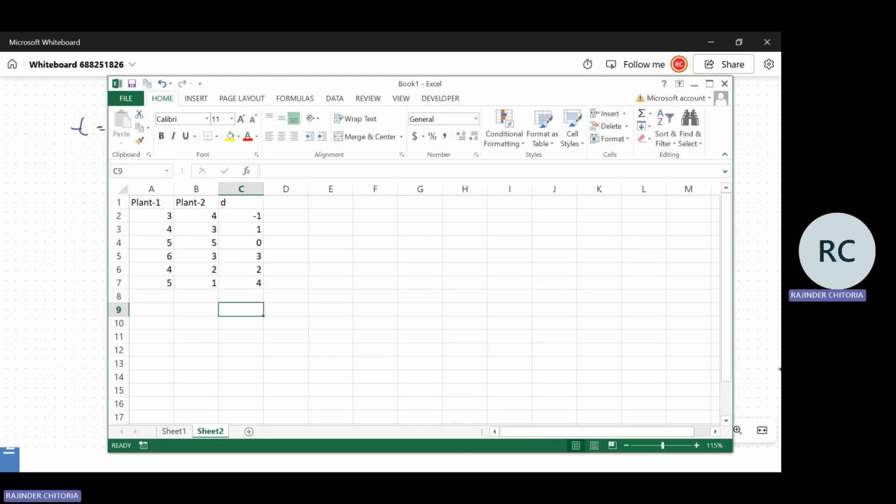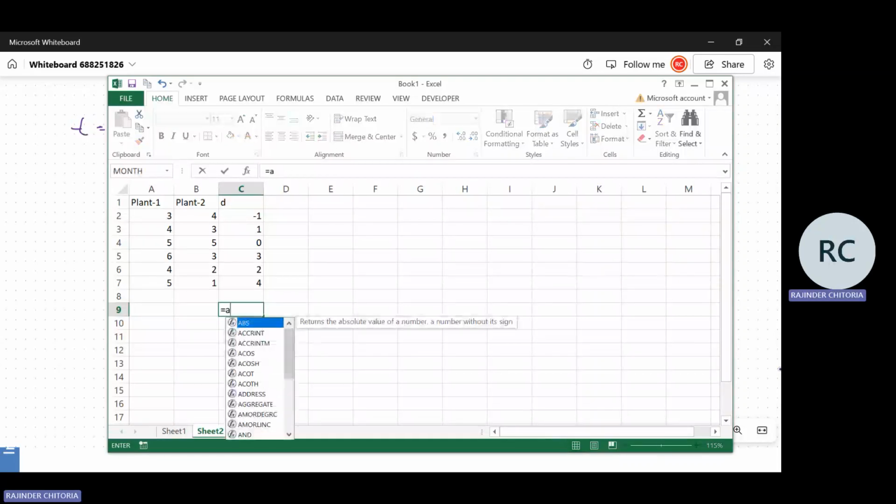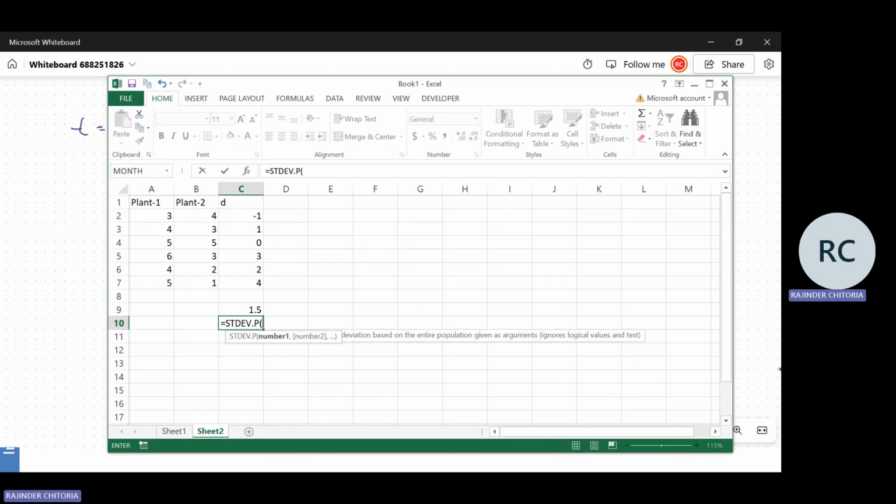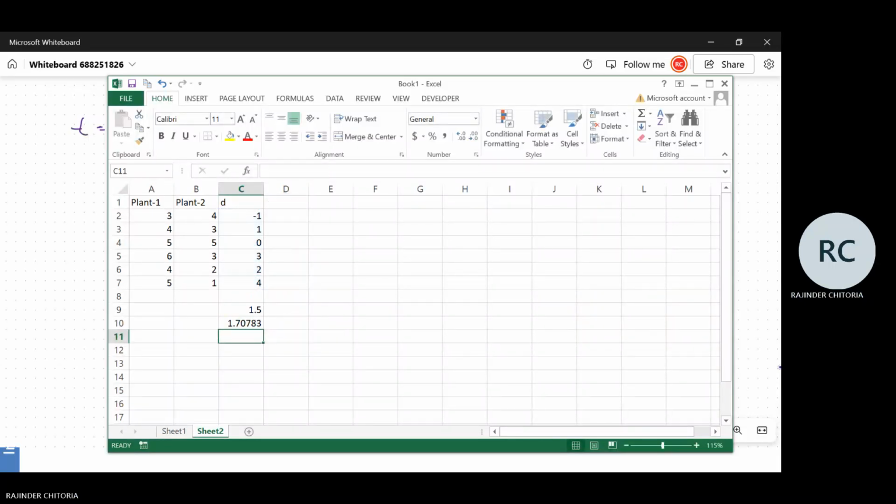Then we get the mean of the difference, the average. I'll take the average, and then the standard deviation of population. In Excel, we have a formula for that. That would be the right figure.